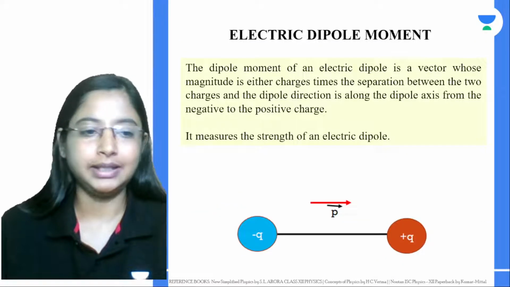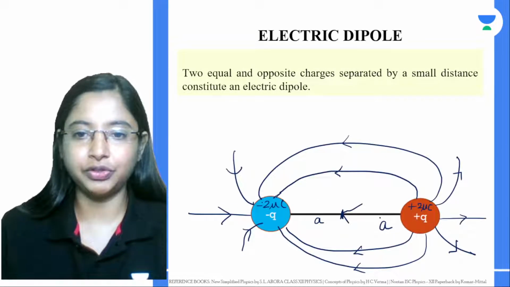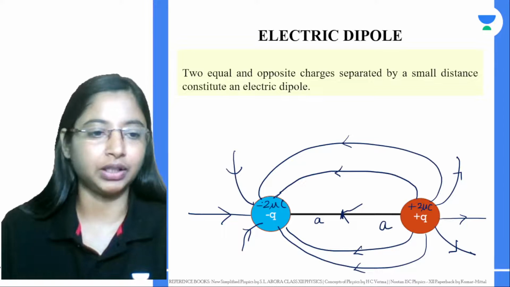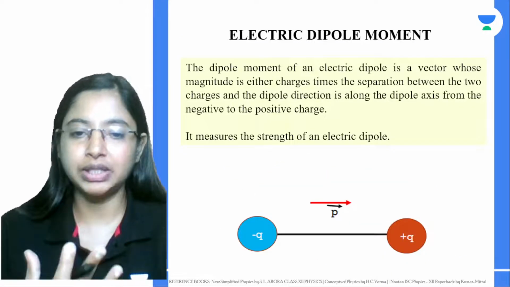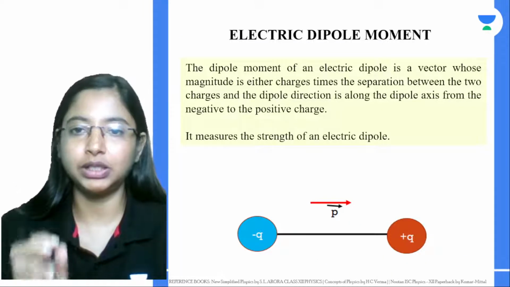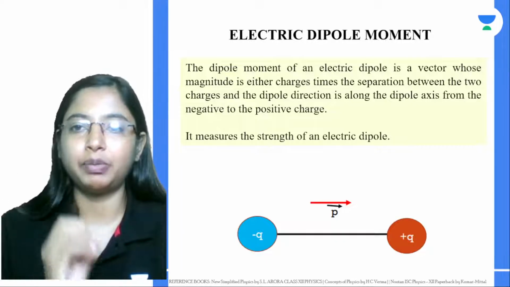This separation is a position vector, so though q is a scalar quantity, a is a vector quantity. So we can say the dipole moment is a vector quantity.